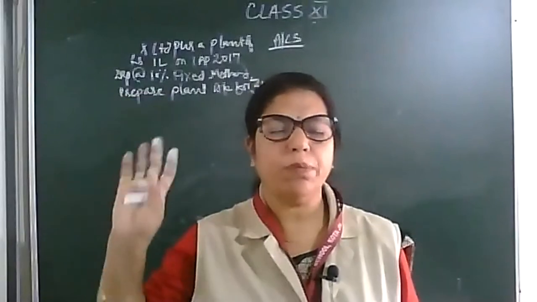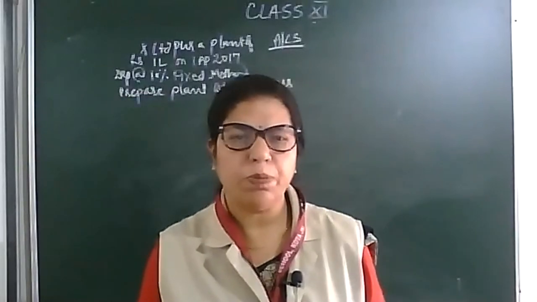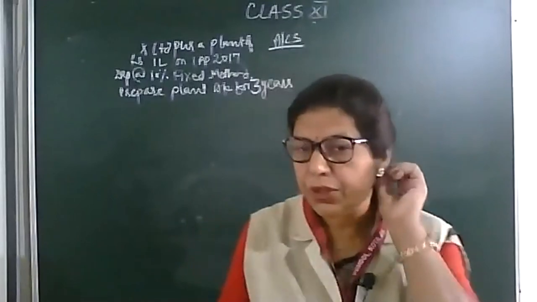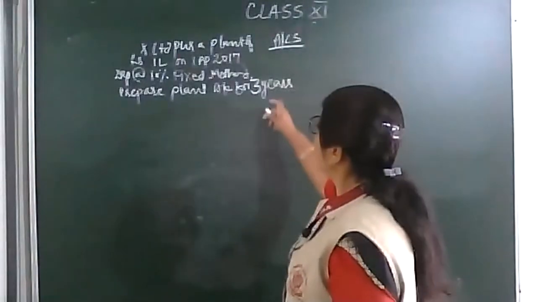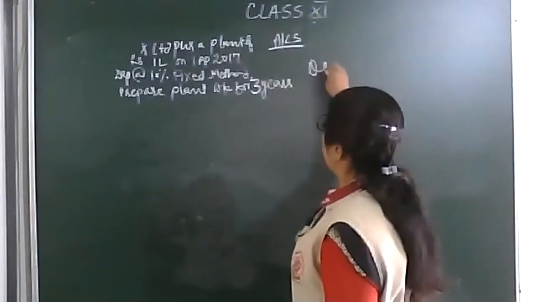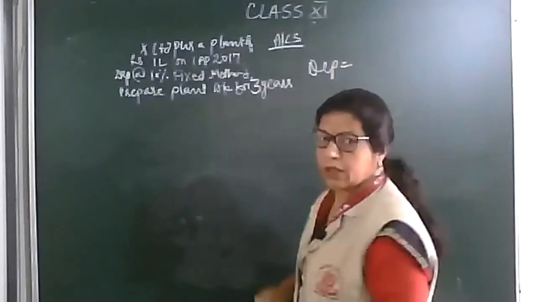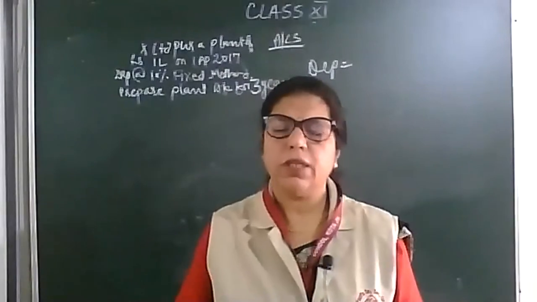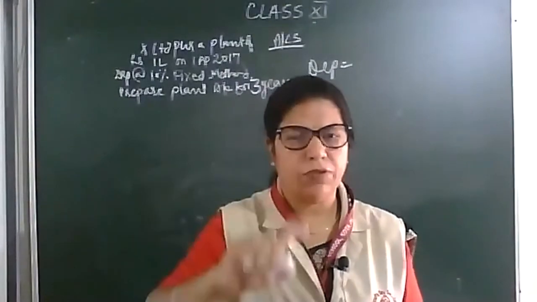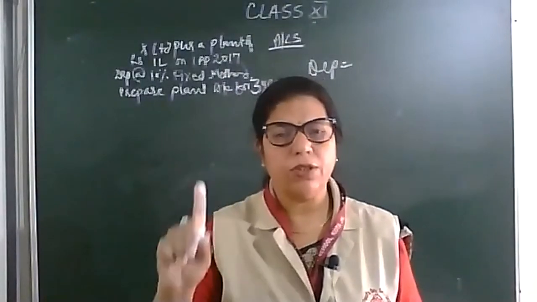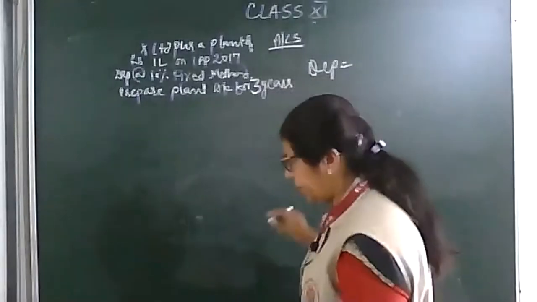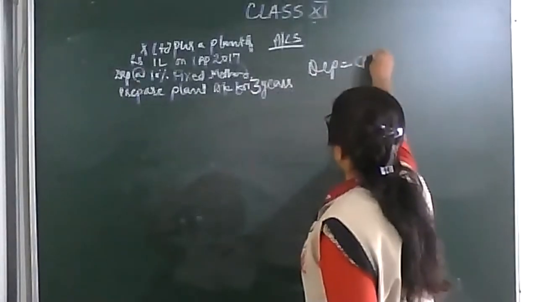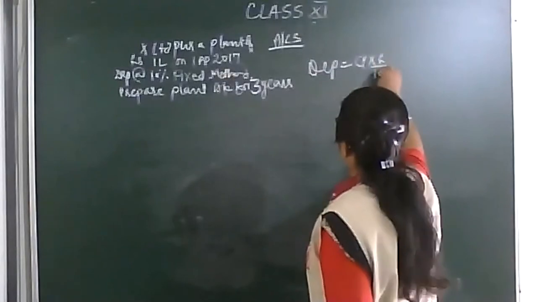So look at the board and then I will explain how to do it. First, calculate depreciation. Same formula which I have given you: cost price into rate upon 100.